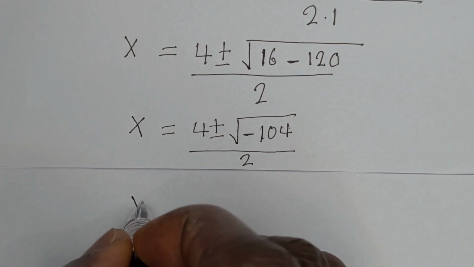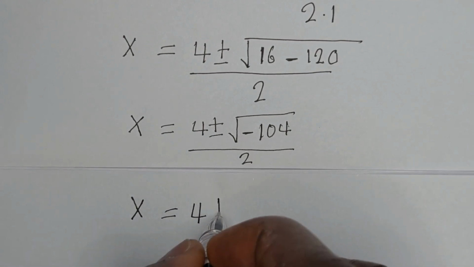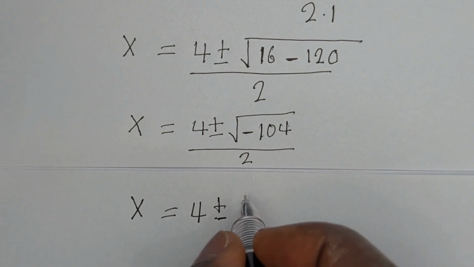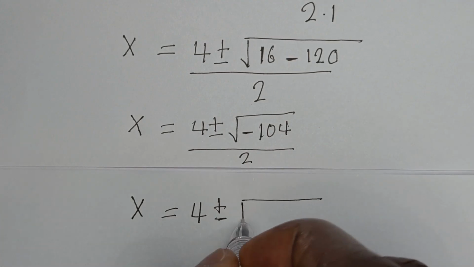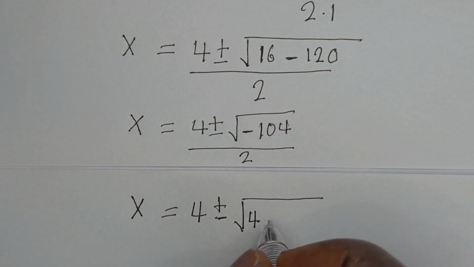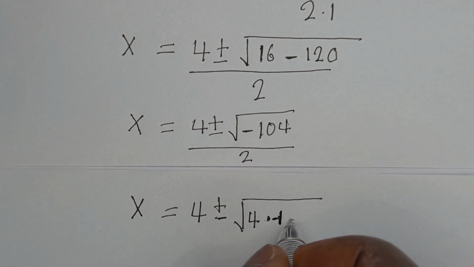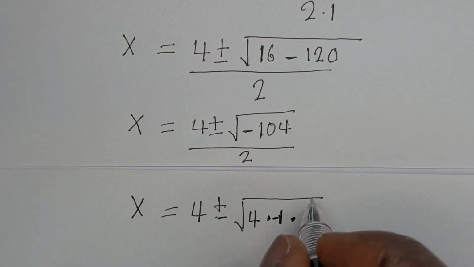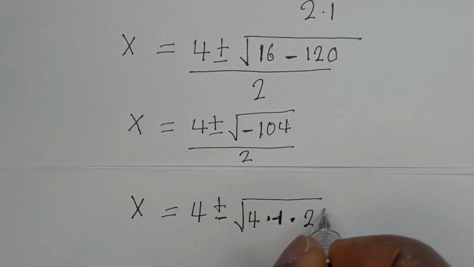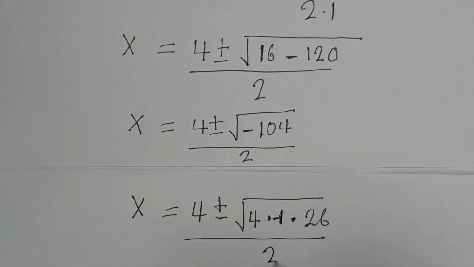Then x is equal to 4 plus or minus square root of minus 104, which can be written as 4 multiplied by minus 1 multiplied by 26, over 2.